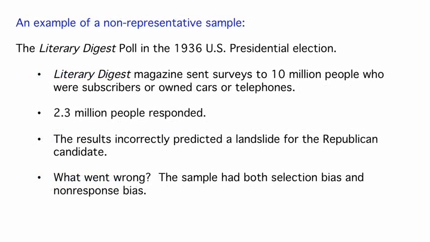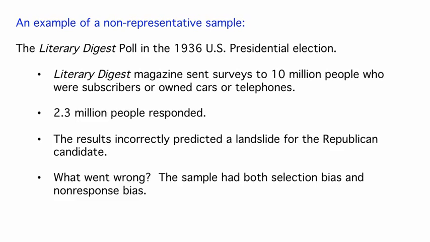There are many examples of non-representative sampling that have led to resulting data that are not reliable or representative. A classic example is the Literary Digest poll of the 1936 U.S. presidential election. Literary Digest got responses from 2.3 million people, a huge sample, and based on these responses, they predicted a 3-to-2 ratio of votes in favor of the Republican candidate.